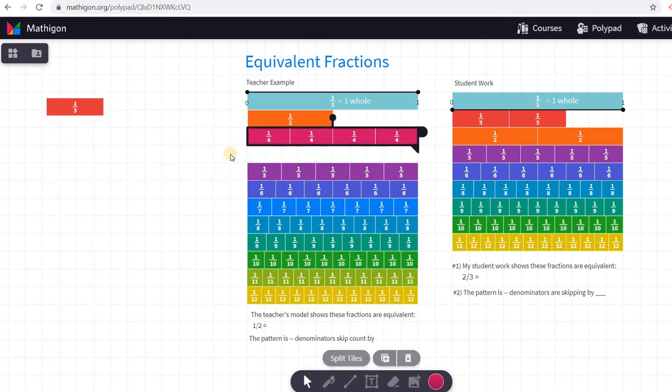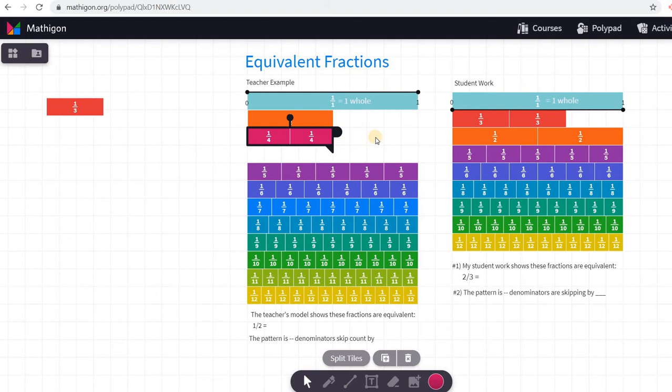This fraction bar shows 4ths. 4 pieces make a whole. And I can see here that it looks like 2/4 is equivalent to 1/2. Let me adjust my model to make sure it shows that. I'm going to subtract a 4th, and I have 3/4 left, and 3/4 is greater than a 1/2.